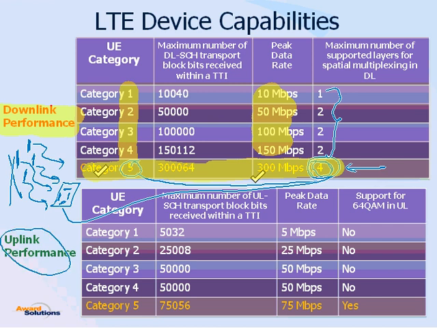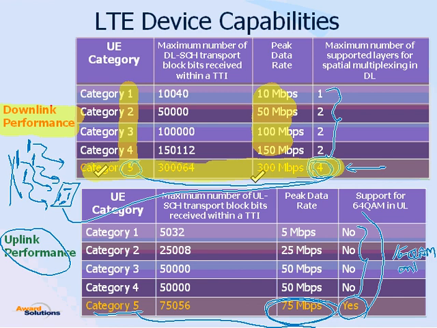If you are thinking about the uplink, category 5 will give you 75 megabits per second, and only category 5 can support 64 QAM in the uplink. All the others will support 16 QAM, not 64 QAM as the highest order modulation. So in summary, we have 5 categories of UEs defined for LTE, and category number 5 is the super duper category that can support as high as 300 megabits per second downlink, 75 in the uplink.